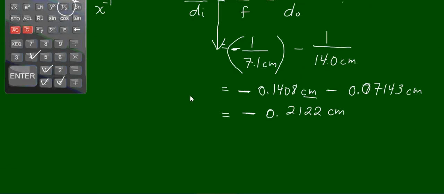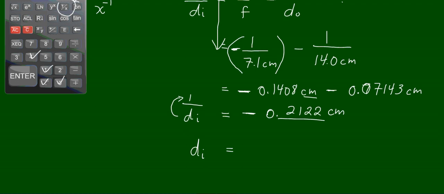It is, of course, important to remember that what we have just calculated is still 1 over di. I'm not interested in the reciprocal of di. I am instead interested in the distance to the image, not 1 over the distance to the image. And so if I take the reciprocal of this by flipping, then I must take the reciprocal of this number.